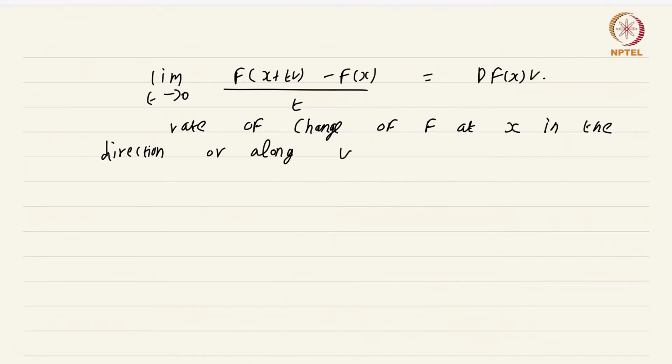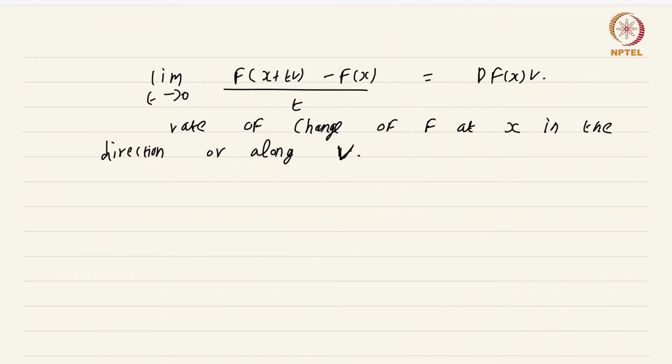Essentially what we are doing is considering a line passing through this point x along the direction v. That's what x + tv denotes, and we are restricting f to that line. So f in some sense becomes a one variable function, and we are differentiating f in the usual sense.